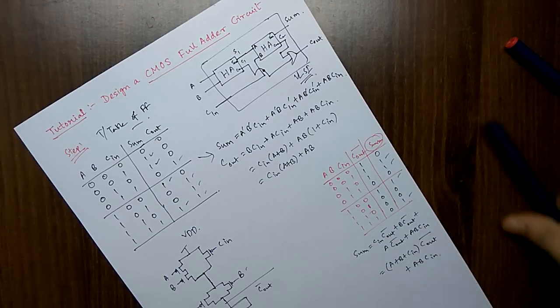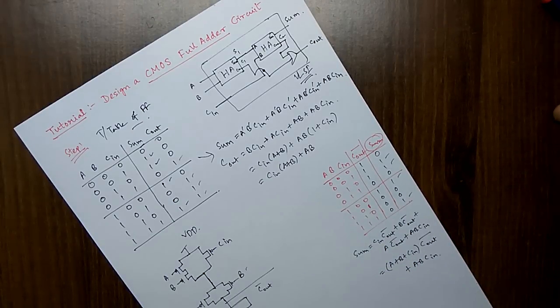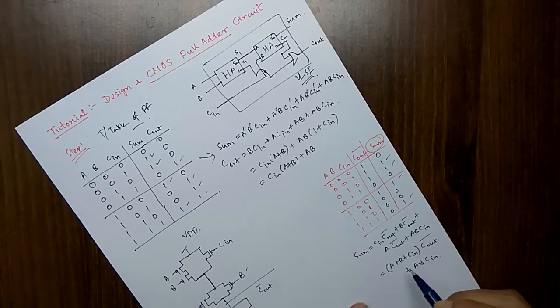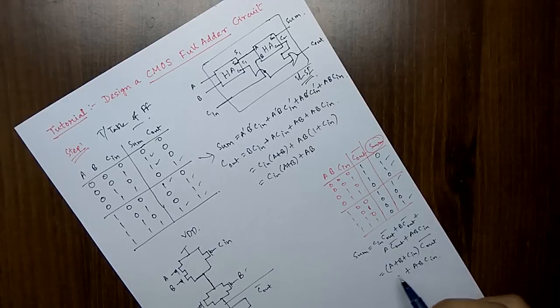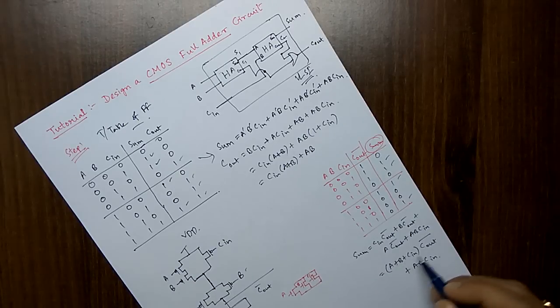You have to make sure how to draw the diagram. See, the diagram is now (A plus B plus C in) into C out bar. So A plus B plus C in will be in parallel, and C out bar will be in series, right?